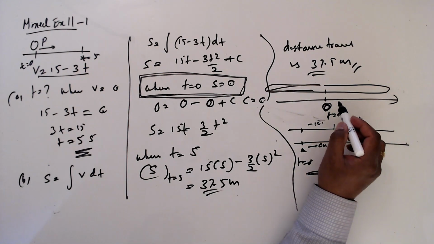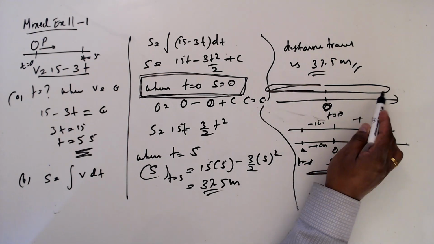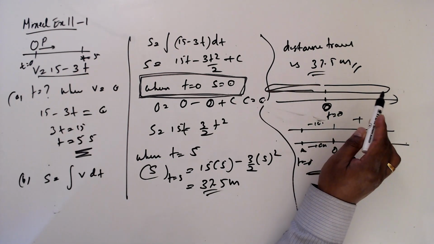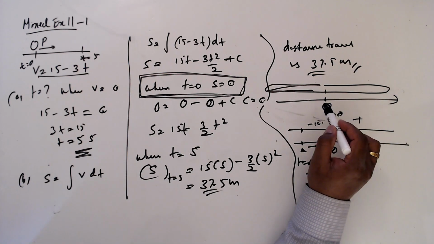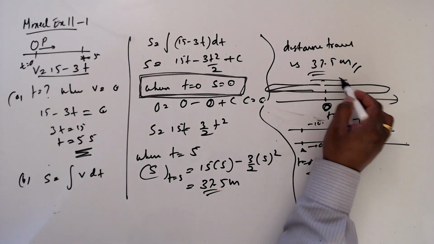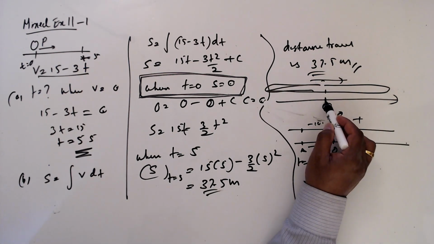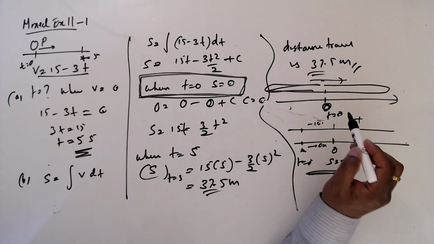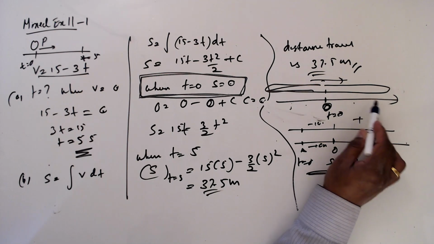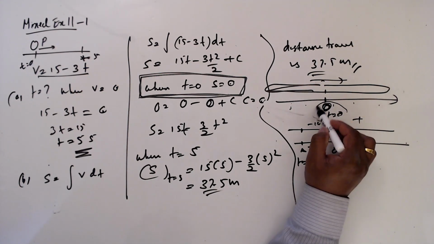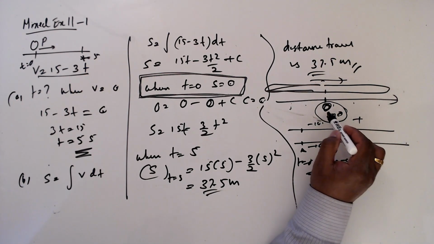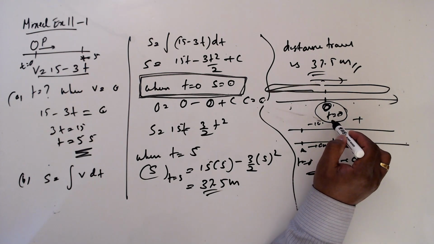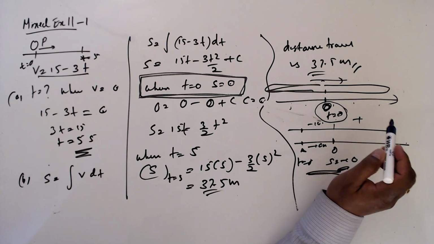Basically, when a particle is moving along a line, if this side is positive, you can start from the negative side to monitor, or any place, or the positive side, any place. Usually we are monitoring from the origin at t equals 0.